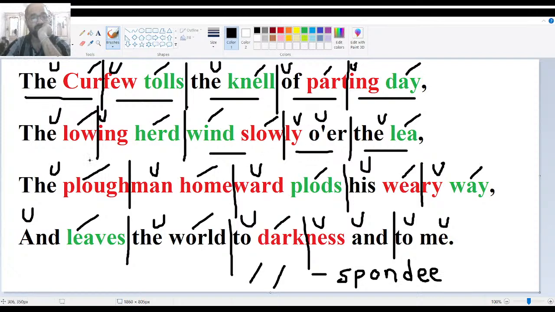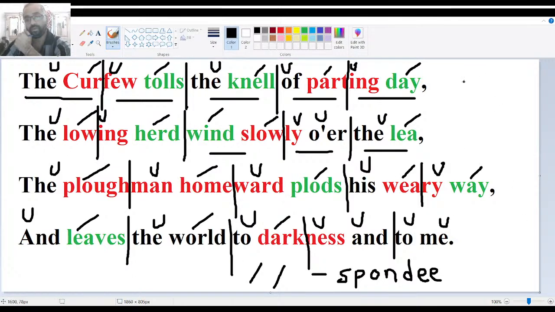Okay. So let's count the number of feet or meters. The curfew is one, tolls, two, the knell, three, of parting, four, day, five. Five meters in the first line, five in the second, five in the third, and five in the fourth.